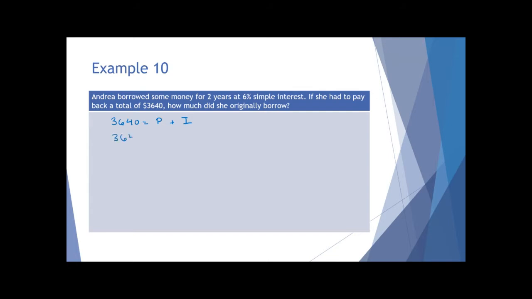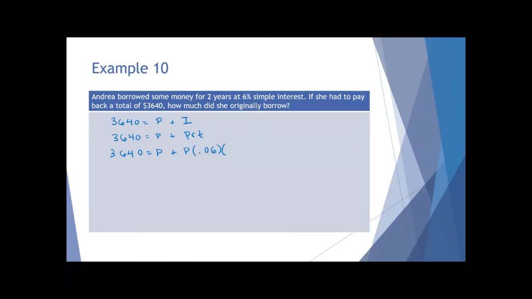So we need to replace the interest with what it's equal to, P times R times T, so the principal plus the rate times time. And now we're going to plug in the numbers. So we have 3,640 equals P. We don't know how much she borrowed, so we don't know P. We know the interest rate, 6%, so we convert to a decimal, 0.06.